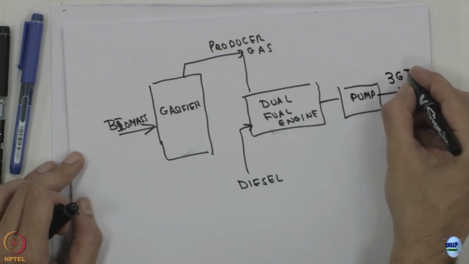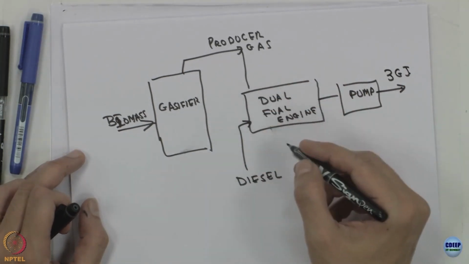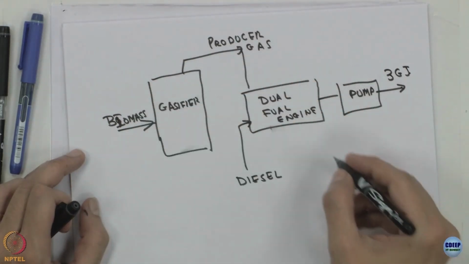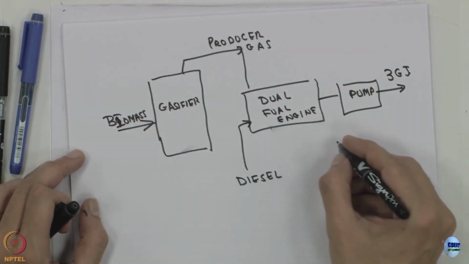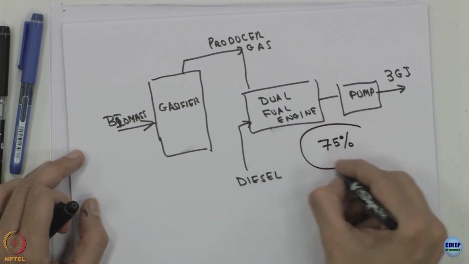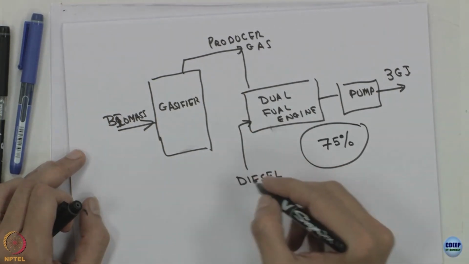So we have 3 gigajoules. Now for this dual fuel engine, there is usually a certain limit on the proportion of producer gas. At most we are looking at something like 75% of the input provided from the producer gas and 25% coming through diesel.